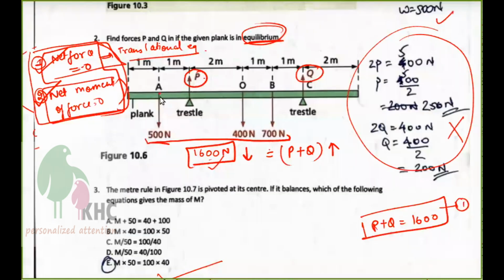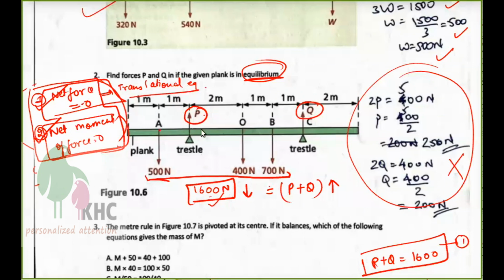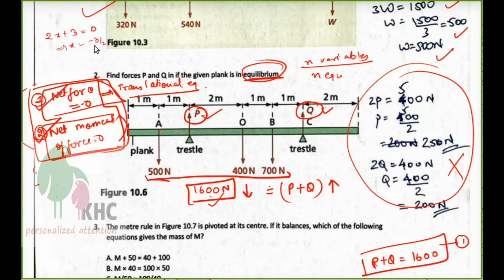Now you have two variables, one is P, another is Q. If you have n variables, then you need n equations to exactly find the answers. Like if you have 2x plus 3 equals 0, then you get x equals minus 3 by 2 easily, because you have just one variable.